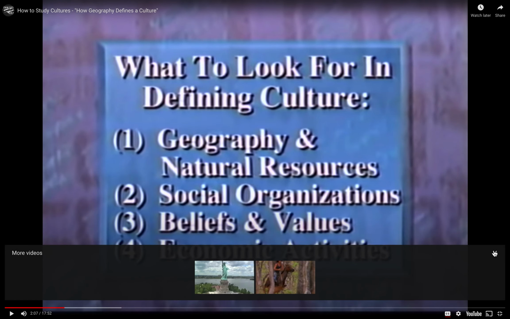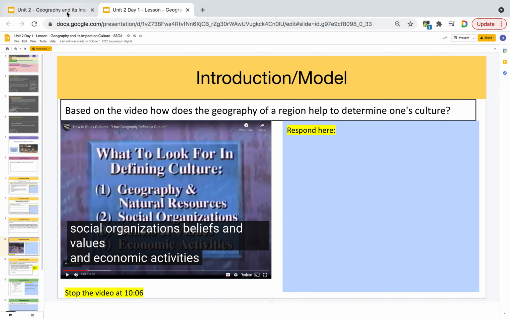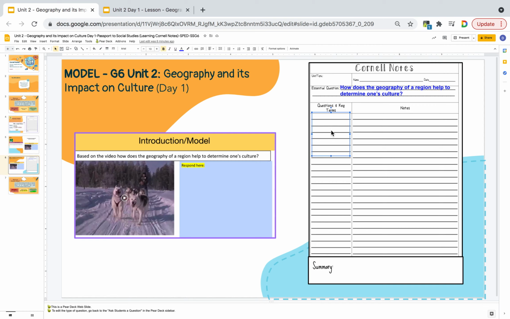And we're going to stop it there because we're only going to take notes on this first minute of the video. So one of the things I heard was the word climate. I also heard the word anthropologist. So those are key terms that I can put down in my left-hand column.